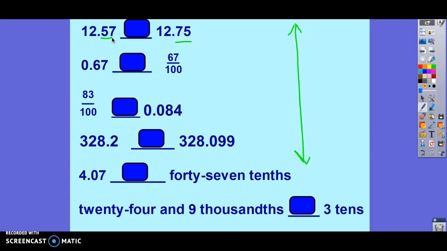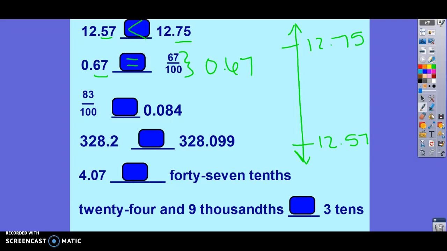Well, 12 and 57 hundredths is not equal to 12 and 75 hundredths. 12 and 75 hundredths is more than 12 and 57 hundredths. Our next problem is 67 hundredths, and here we would read this fraction as 67 hundredths as well. So there would also be 67 hundredths. Those two are equal.